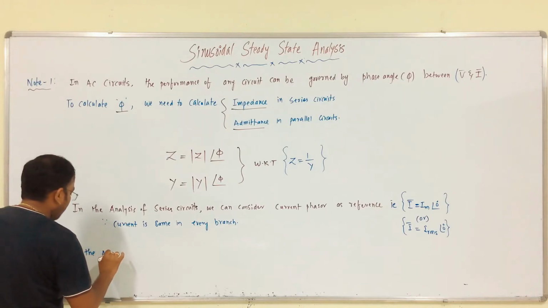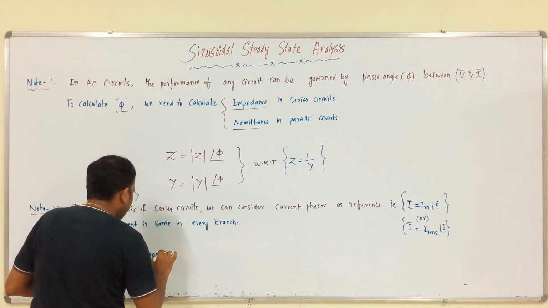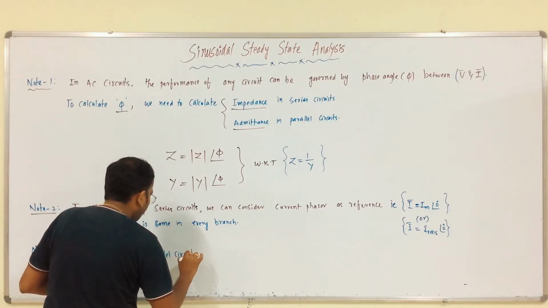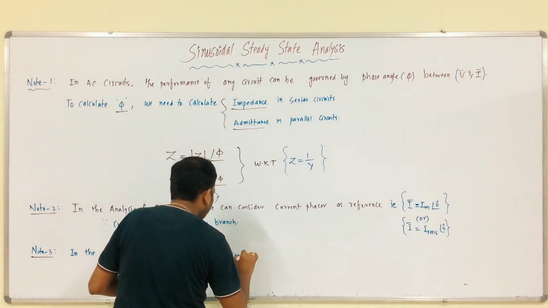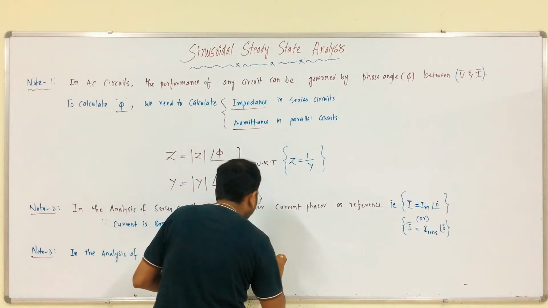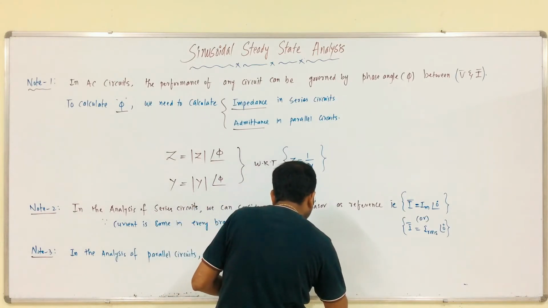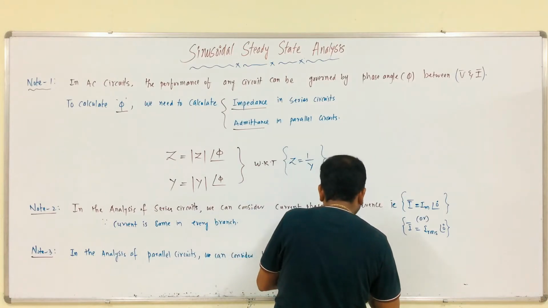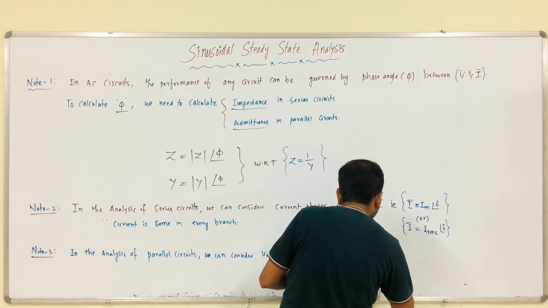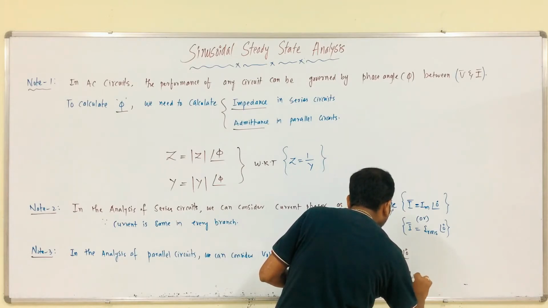Like that, note point 3, in the analysis of parallel circuits, we can consider voltage phasor as reference, that is Vm at an angle 0 or Vrms at an angle 0.